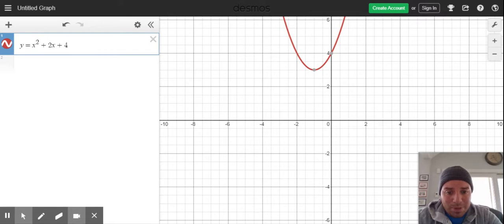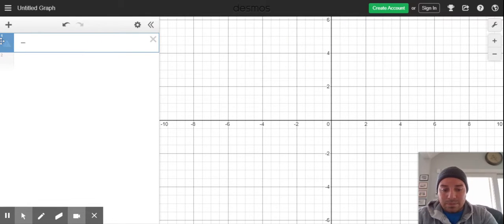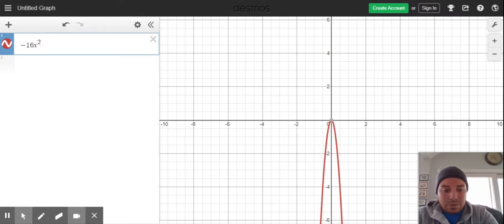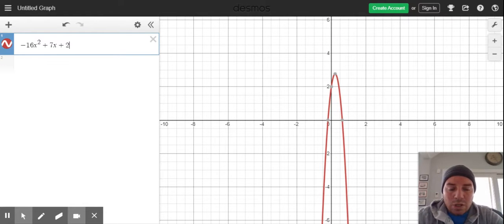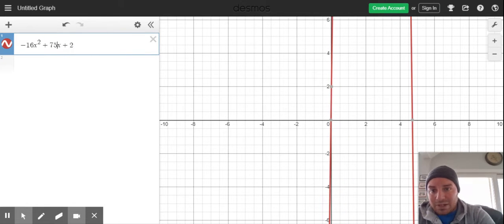Now, the second problem that I wanted to look at was the word problem, which was negative 16x squared plus 75x plus 2. So let's take a look at that. So this is what our equation looks like right here, okay? Now, if you, 75x.